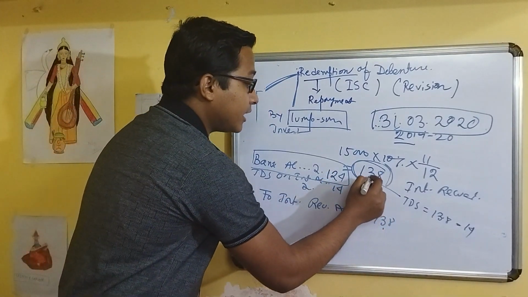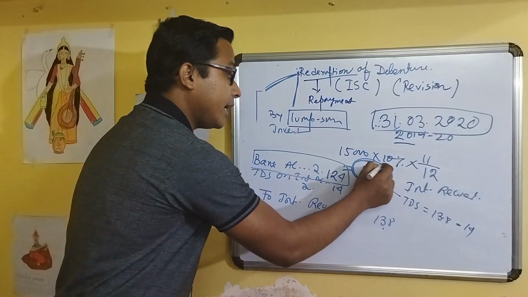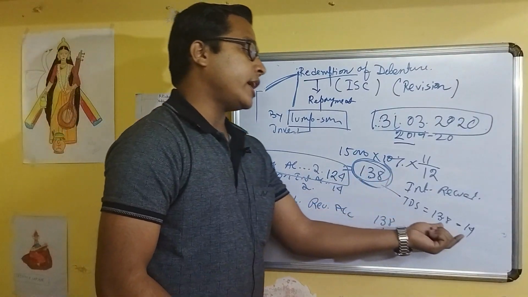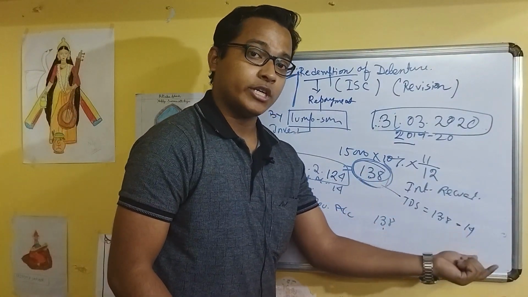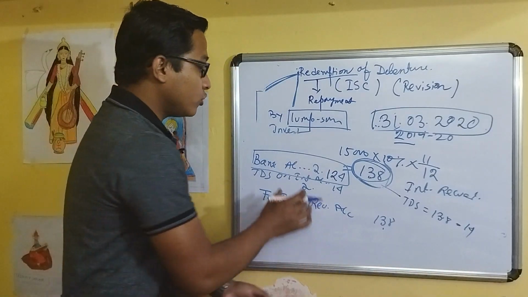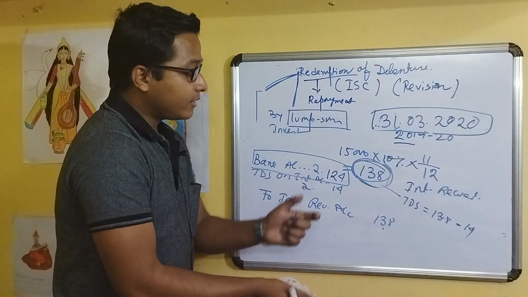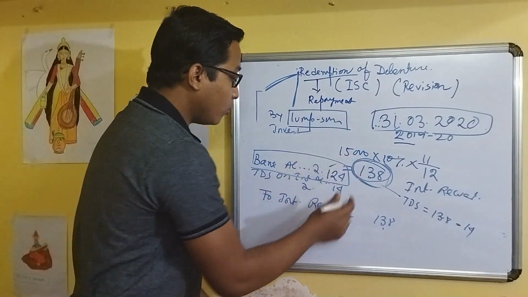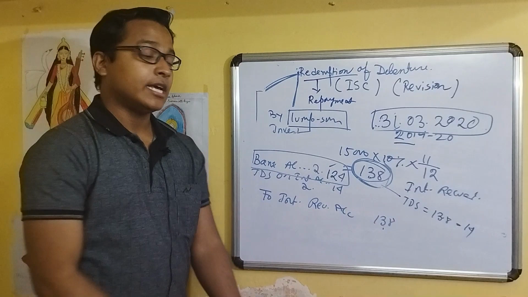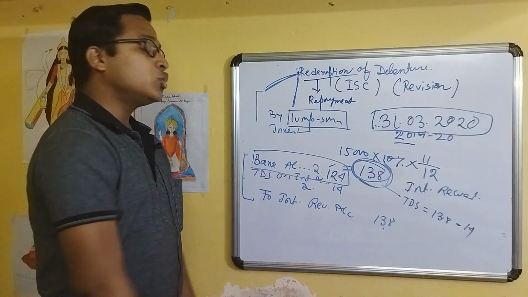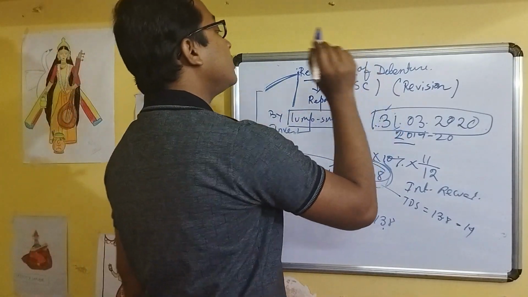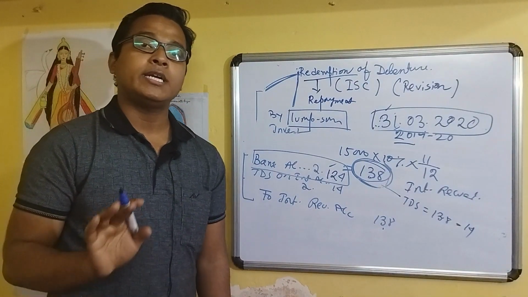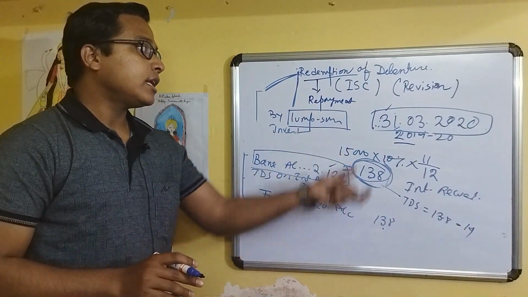No, the interest income is 138, and on this 138 we have to pay TDS of 14. Since I am paying this, TDS should be debited and the rest of the amount, 124, is received in our bank account, and these two become 138. This journal entry should be made on 31st March 2020.